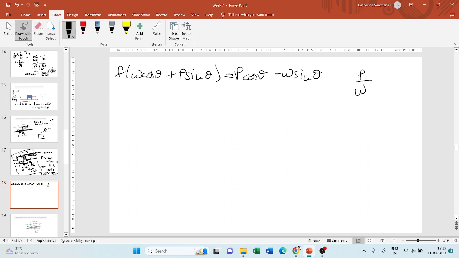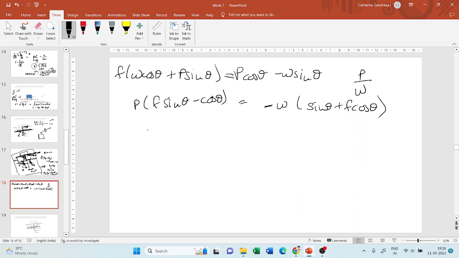So P into F sin theta minus cos theta is equal to minus W into sin theta plus F cos theta. Alright, so this will be P by W is equal to sin theta plus F cos theta divided by, so I am just inverting the signs here, so cos theta minus F sin theta.